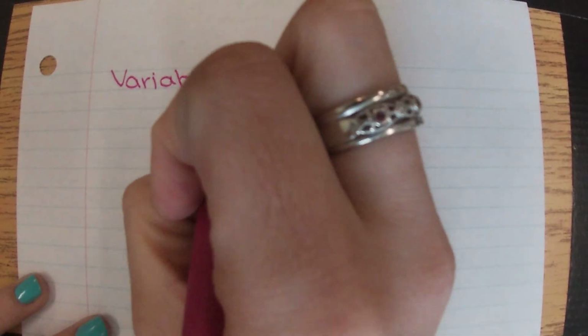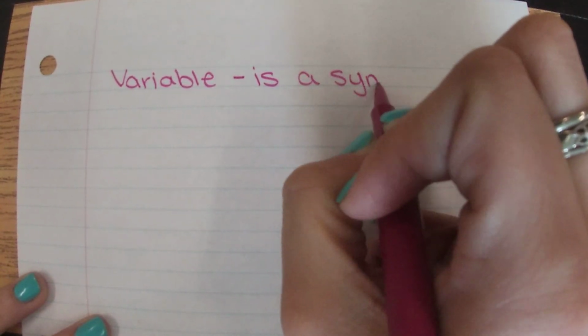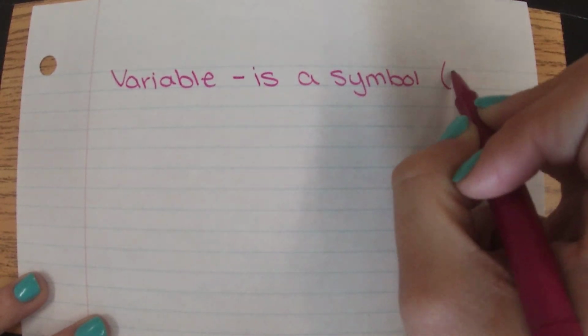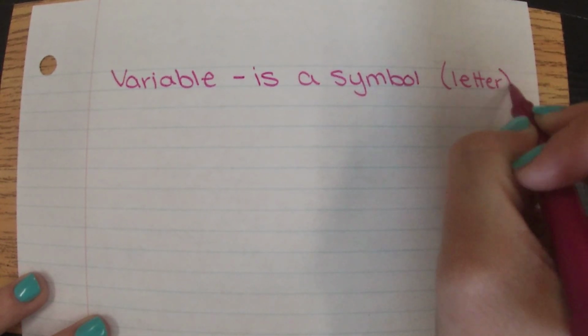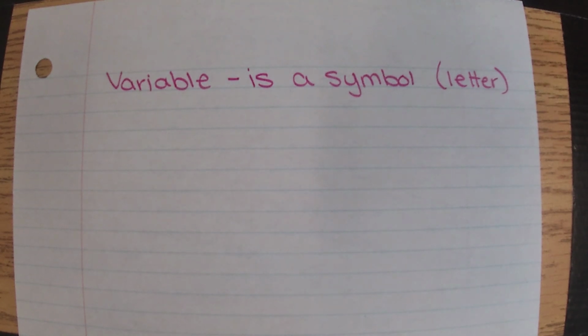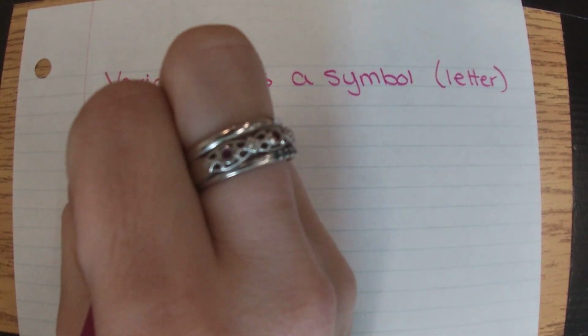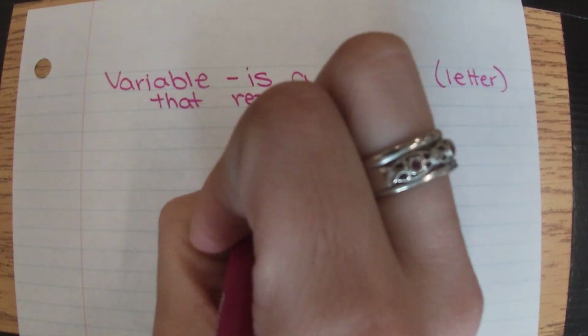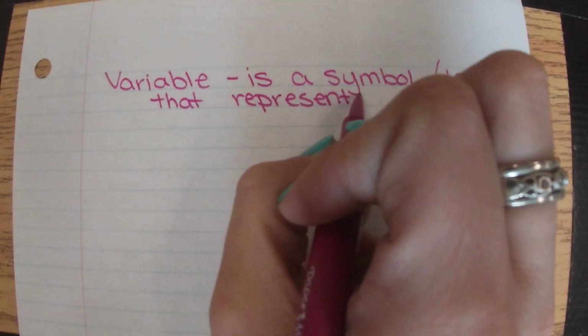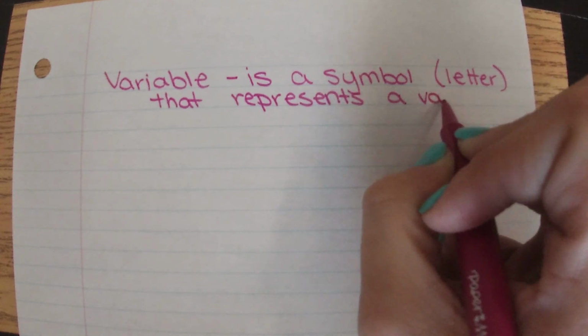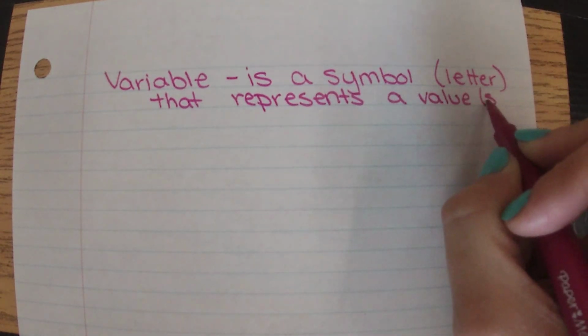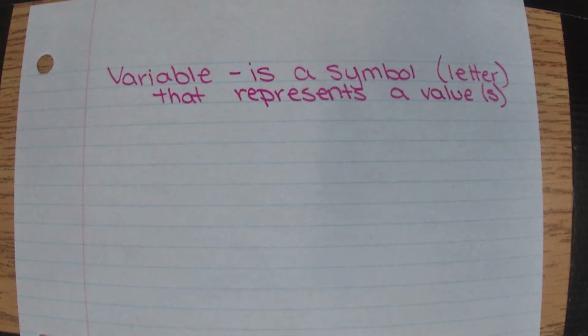A variable is a symbol, and most of the time we choose that symbol to be a letter that's going to represent a value, a number. Sometimes it's just a single value or multiple values.